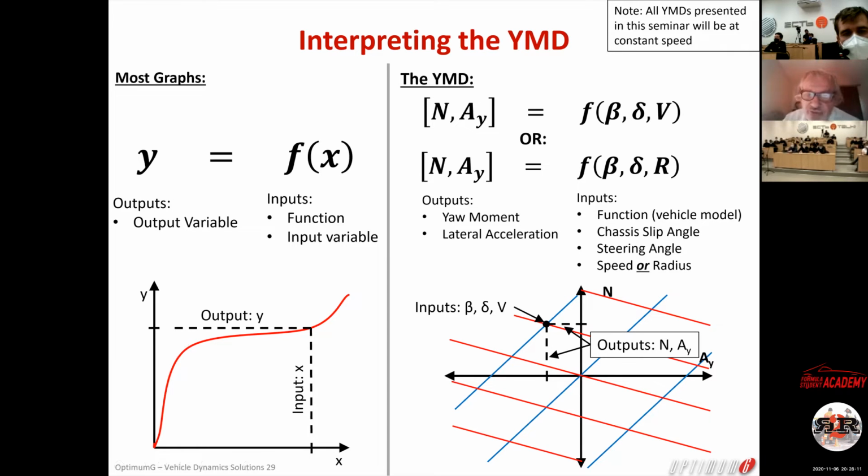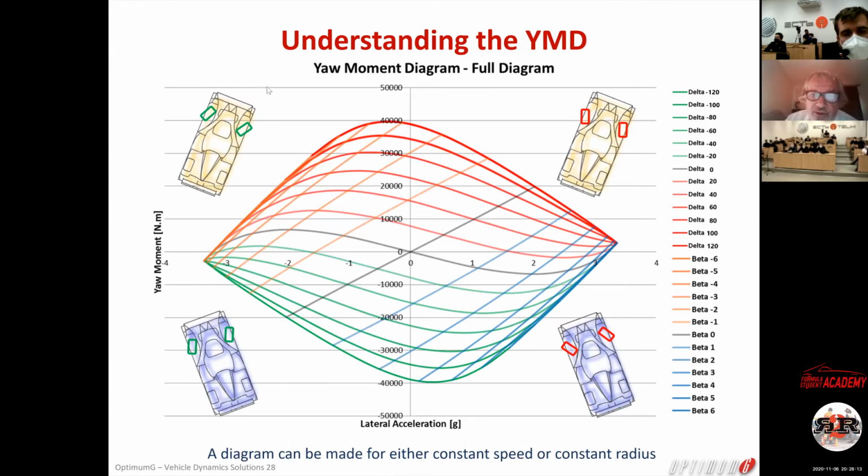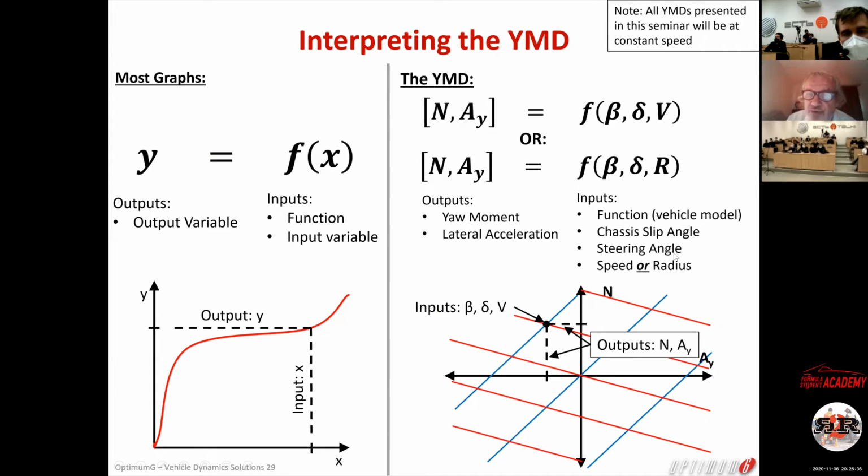You have to understand that on the yaw moment diagram, the y and the x are outputs. The yaw moment on the y-axis and the lateral acceleration on the x-axis are outputs, where the speed and the yaw angle and the steering angle are inputs.